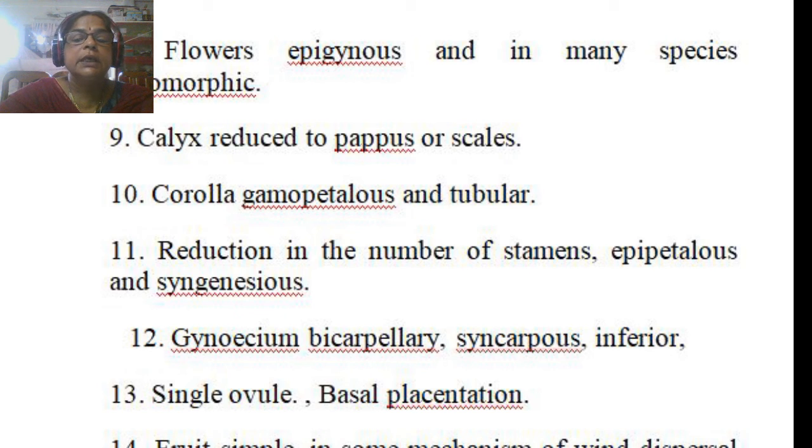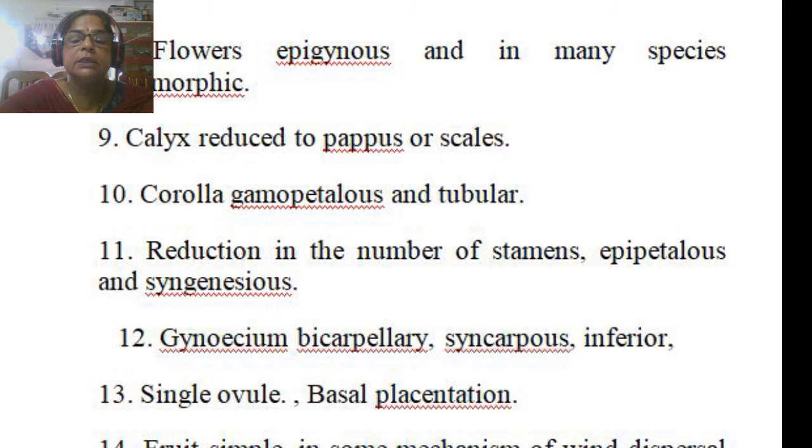The calyx is present in the form of pappus, which helps in the parachute mechanism, that is the dispersal of the seeds, in the ray floret, in the form of a pappus-like structure. Corolla is gamopetalous and tube-like, which is also an important advanced character.